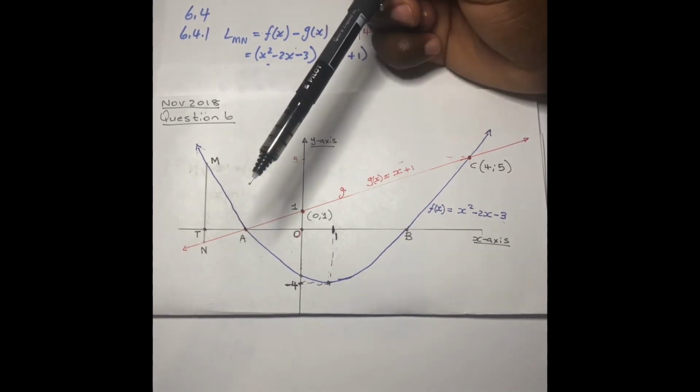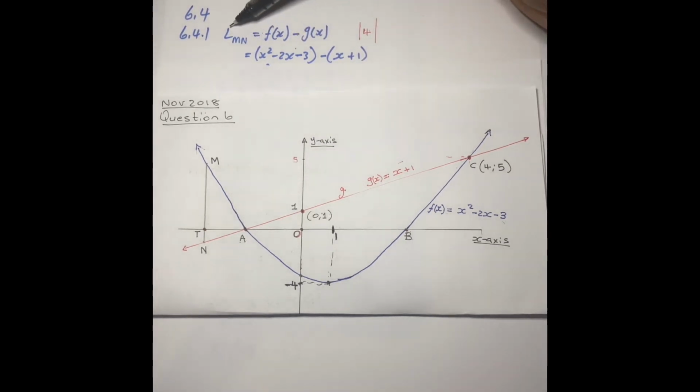So now I've got my L, which is the length of MN, equal to f of x minus g of x. And these are the formulas for f and also for g. So it's the graph of f minus the graph of g. It's important to put all of this in brackets because that difference is going to have an impact, since you multiply by a negative sign.